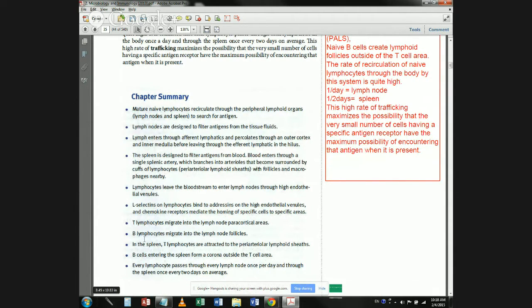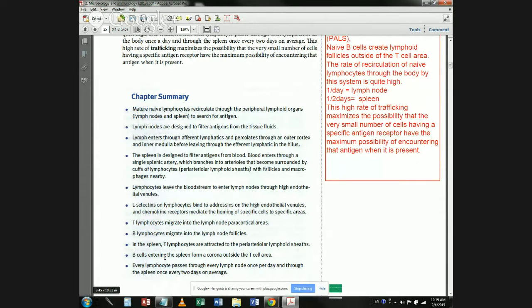Okay. T lymphocytes migrate into the lymph node paracortical areas, and B lymphocytes migrate into the lymph node follicles. That makes sense. In the spleen, T lymphocytes are attracted to the periarteriolar lymphoid sheets. B cells entering the spleen form a corona outside the T cell area.